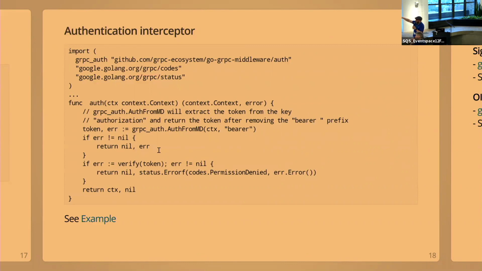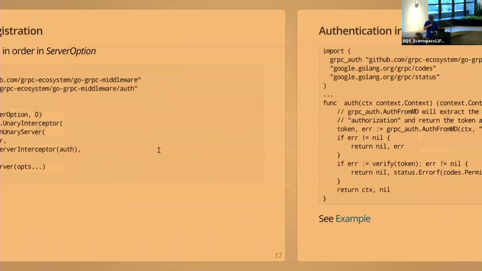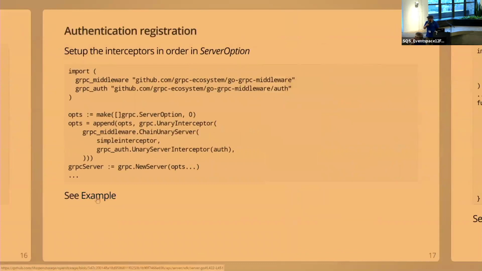Okay? And then you can verify the token with whatever method you need to verify it. And again, like I said before, we have example links here, and I have examples of how I did this in the Open Storage SDK, so you can look at a running real example that we use today.